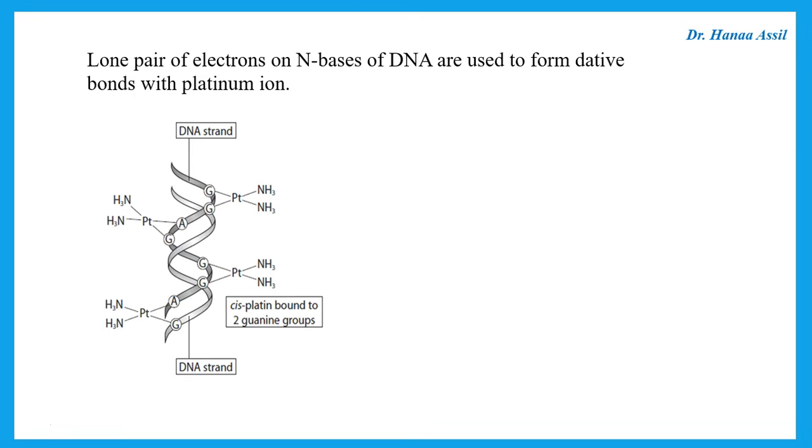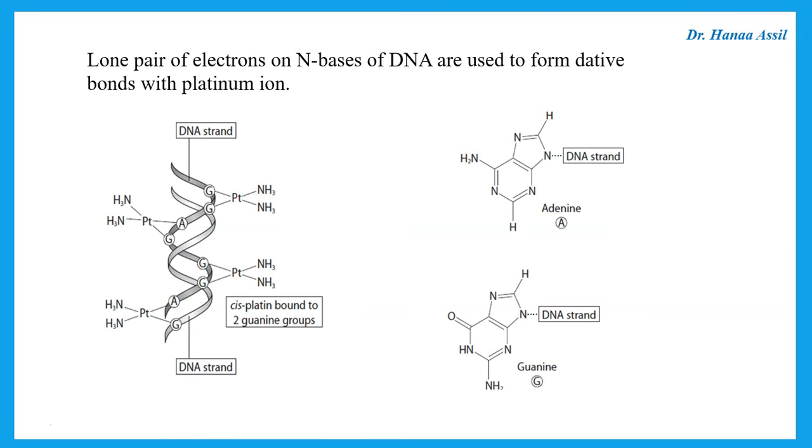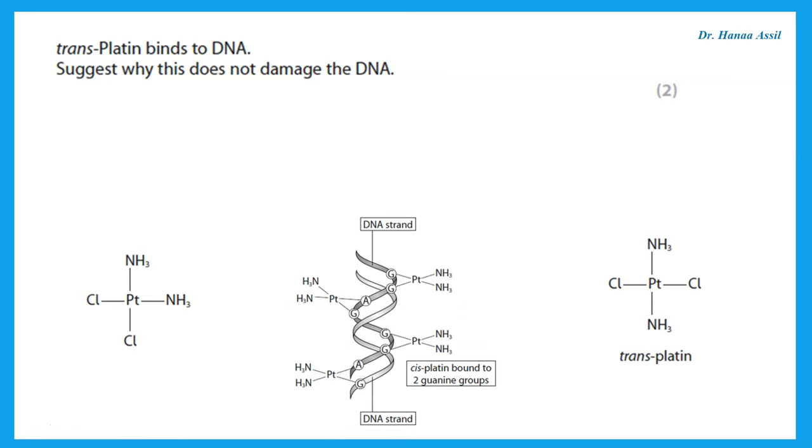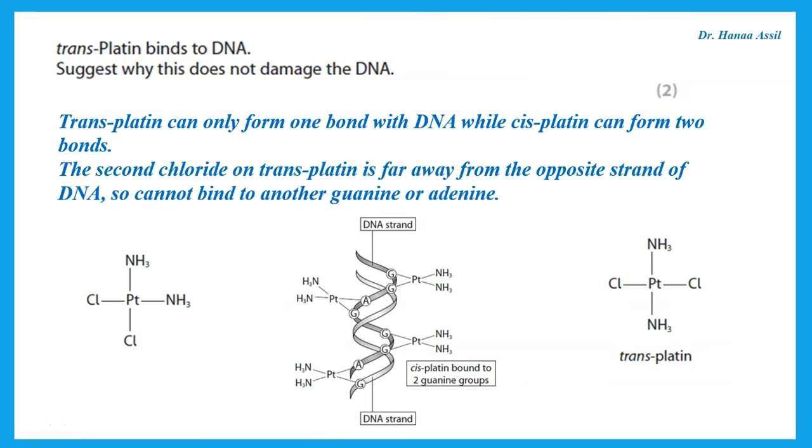The lone pair of electrons on the nitrogen bases is what is used to form the dative bonds with the platinum, and the trans cannot do that because the trans has the chloride ions on opposite sides of the platinum. So if one of the chlorides is displaced, the nitrogen base on the DNA cannot reach the other side and displace the other chloride.